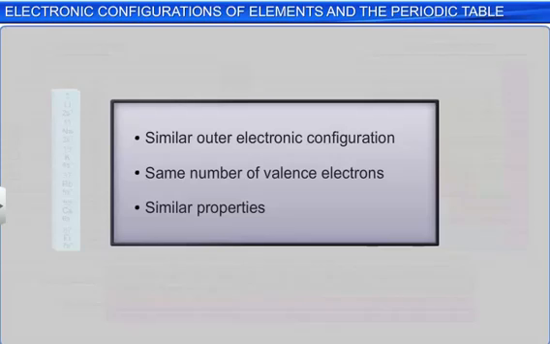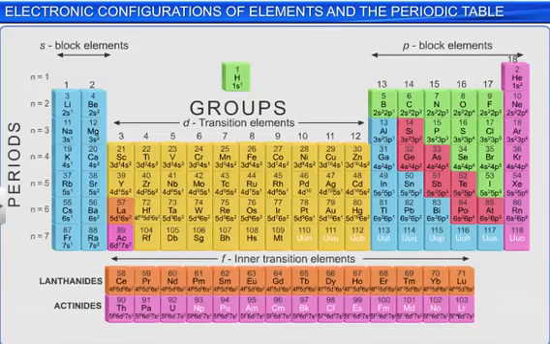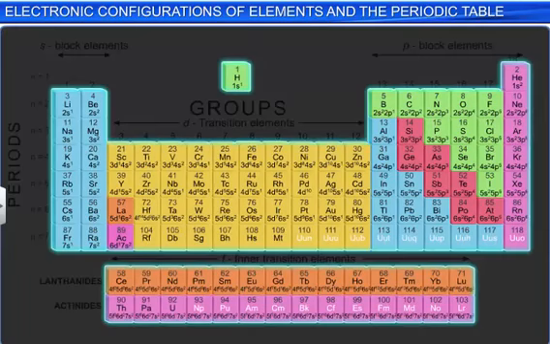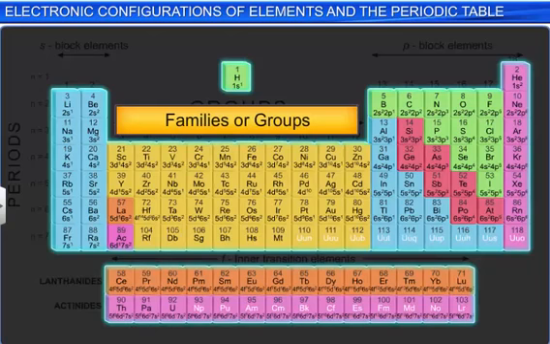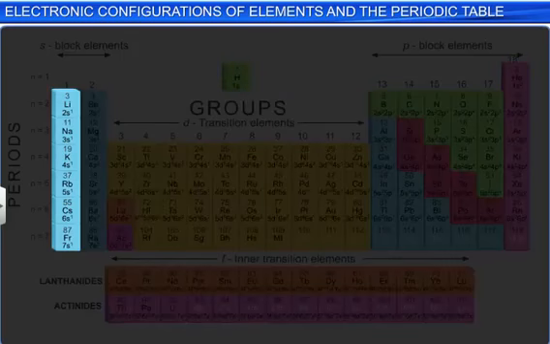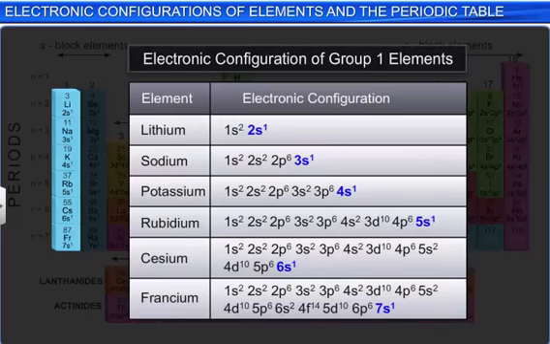For example, all the elements in group 1 of the periodic table have ns1 valence shell electronic configuration. Due to the presence of the same number of valence electrons, all elements of this group are alkali metals that show similar properties.